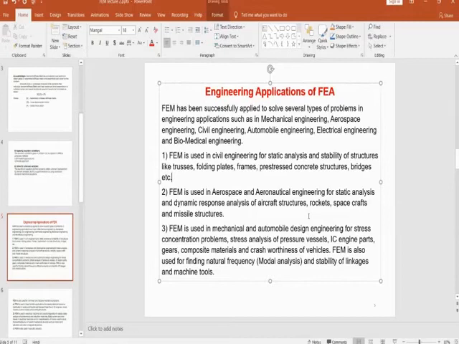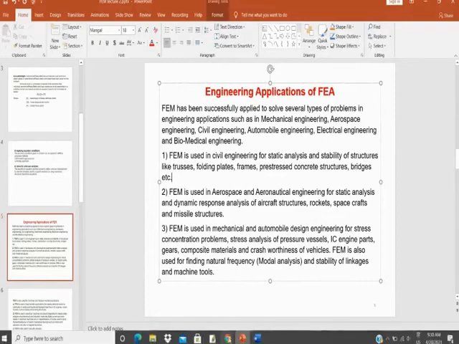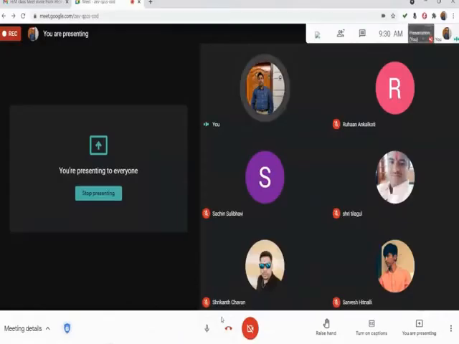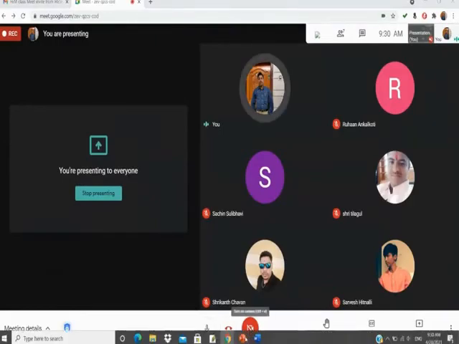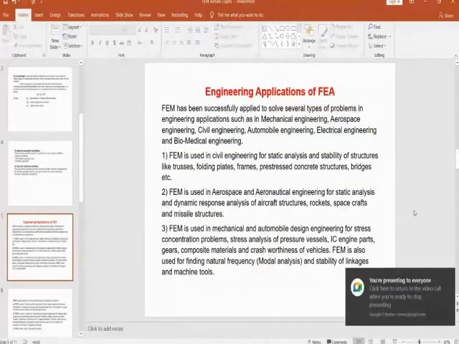And at the end, after everything is okay in the computer, they will go for actual crash testing by using the experimental method, so that a lot of experimental testing cost can be saved. Because after crash testing, what happens to the car? If you go to YouTube, you can see that there are a lot of crash testing videos available. You can go for those crash testing videos, and you will come to know those are experimental crash tests.